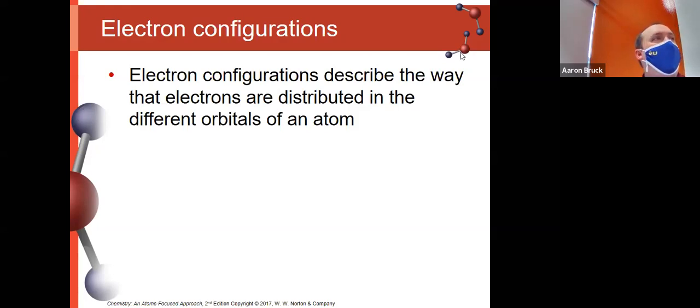But instead of describing a single electron like a quantum number does, an electron configuration describes every electron and how they're distributed. So within an electron configuration, I could point to a single electron inside of that configuration and say, these are its 4 quantum numbers.